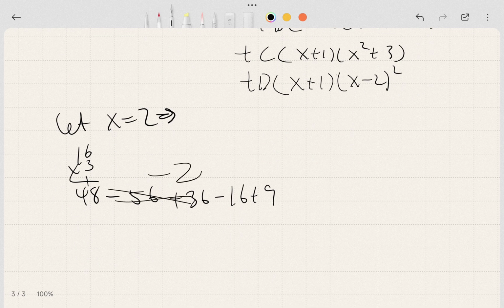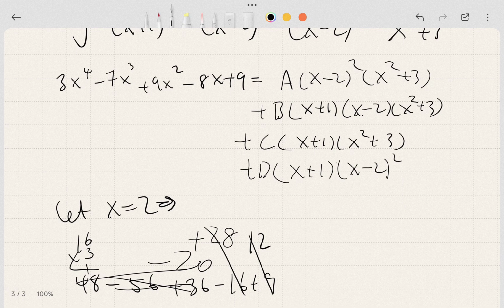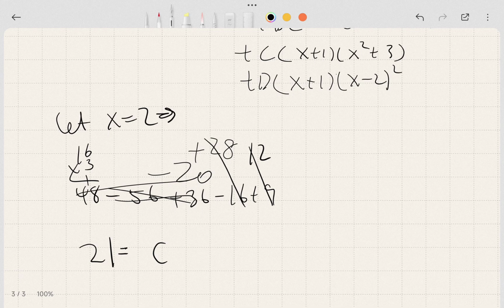So that's minus 8, plus 28, minus 16, that's 12, plus 9, which is 21, is equal to c times 2 plus 1, so 3, times 2 squared is 4, 4 plus 3 is 7, so 21. Therefore c is equal to 1.